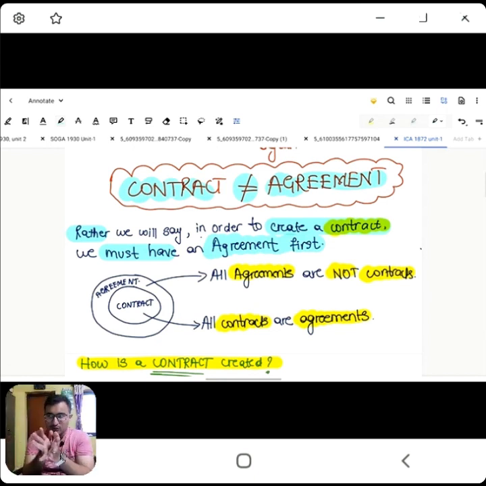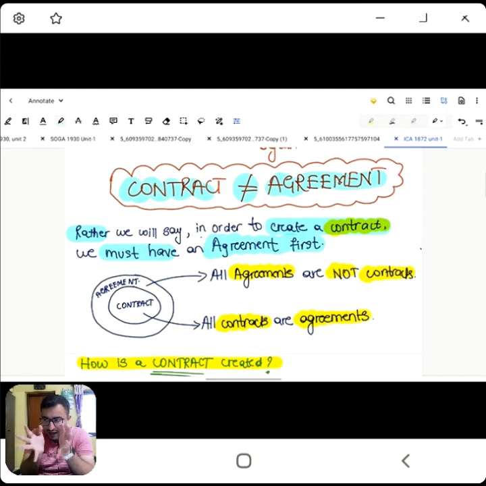So if I tell you that in order to reach a contract, you first must have an agreement, which term is a wider term? Will all agreements become contracts? Not necessarily. All the cars that are going to the destination need not necessarily reach the destination. Some may meet with an accident, some may change their mind, some may come back, some may take the wrong road.